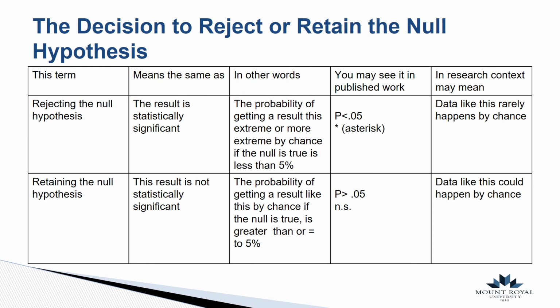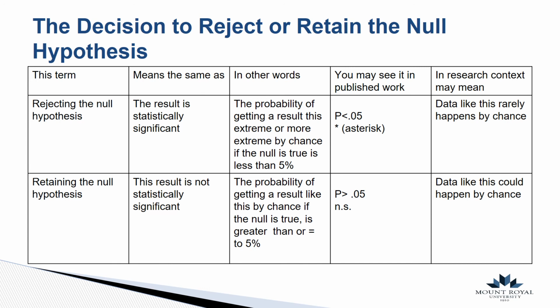Okay, let's move to the next row in the table. So keeping the null hypothesis, retaining the null hypothesis. So what we've determined is this result is not statistically significant. So in other words, the probability of getting a result like this by chance, if the null hypothesis is true, is greater than or equal to 5%.